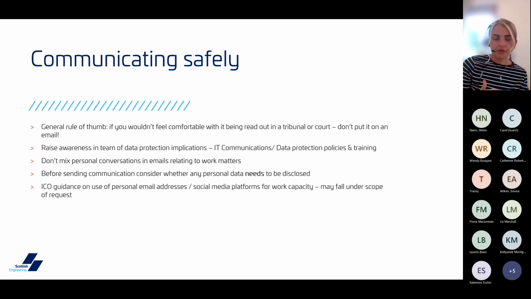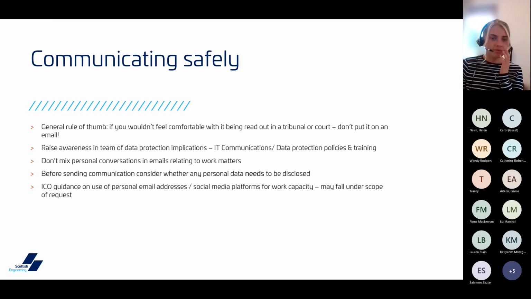As well, if you're corresponding on email, a good rule of thumb is not to mix personal conversations with work matters, because if you're not taking the approach of redacting everything out, that could be disclosed. And just before you send anything, think about whether this personal data needs to be disclosed. Does it need to go in there?